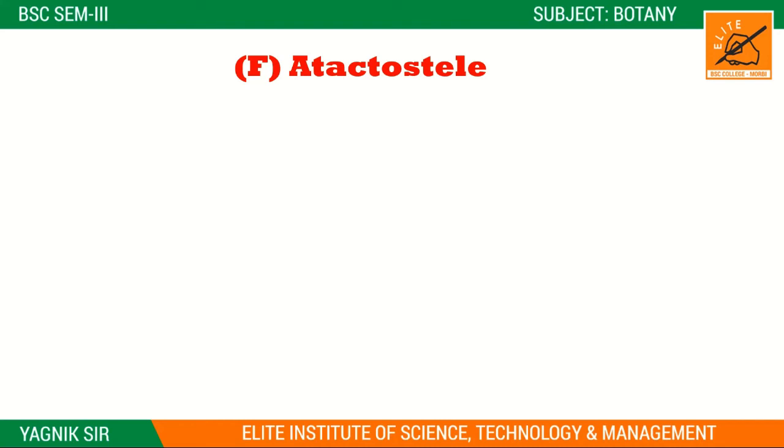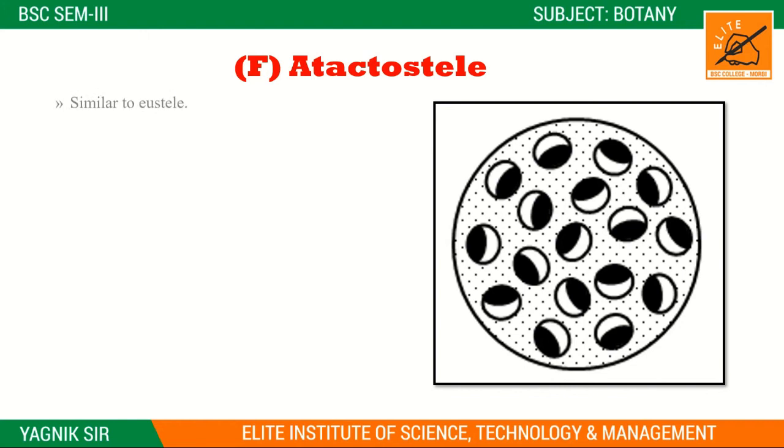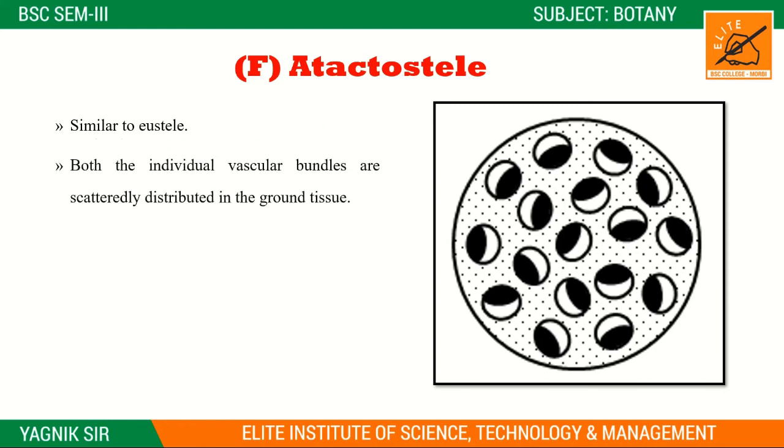Another type is the atactostele. So actually this type of stele is present in monocot plants, right? And this atactostele is similar to the eustele, and the individual vascular bundles are scatteredly distributed in the ground tissue, right?